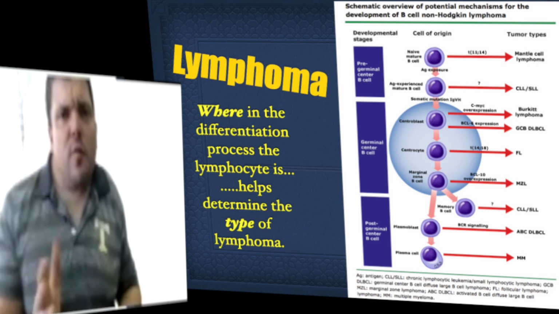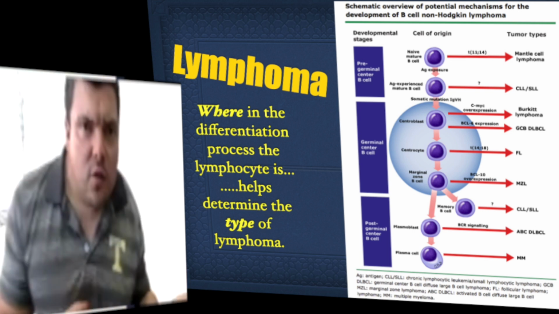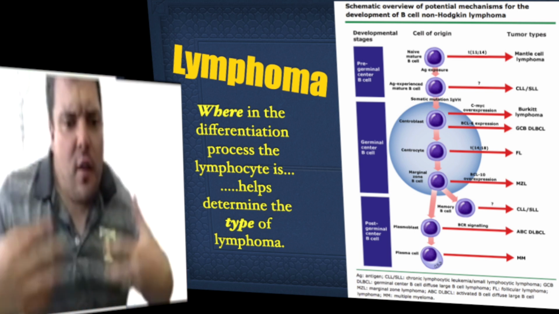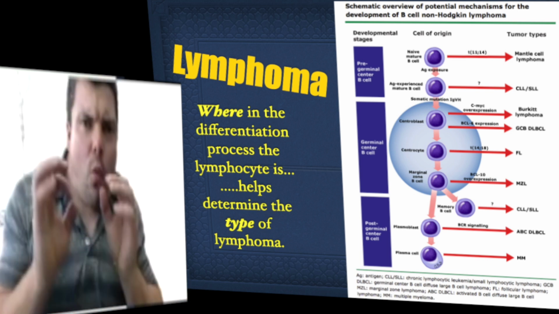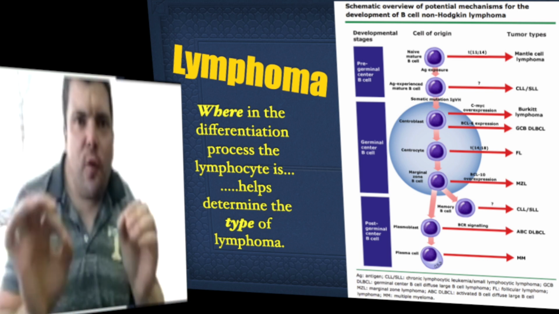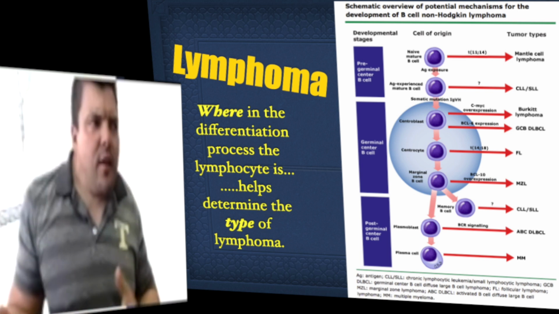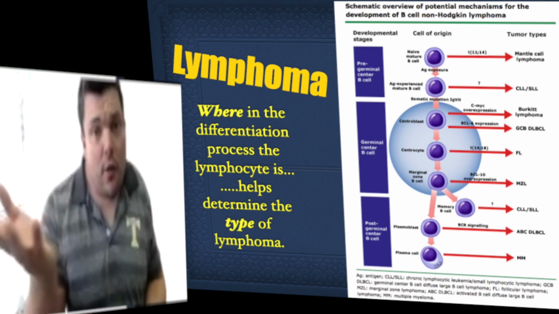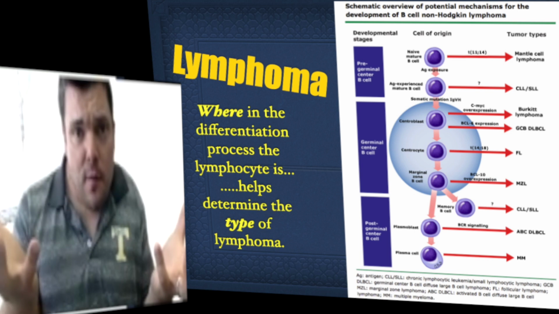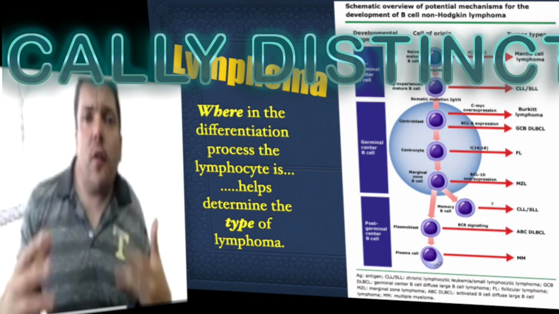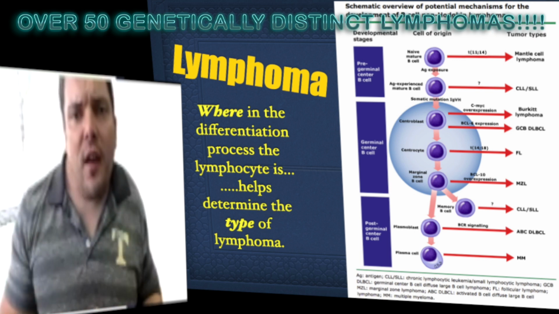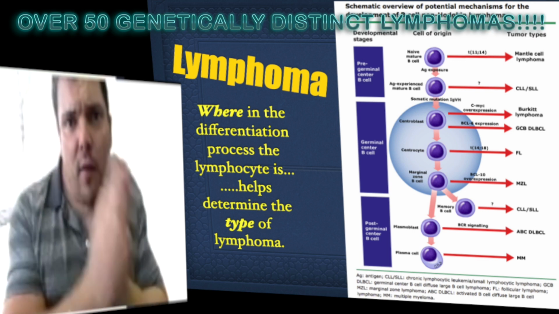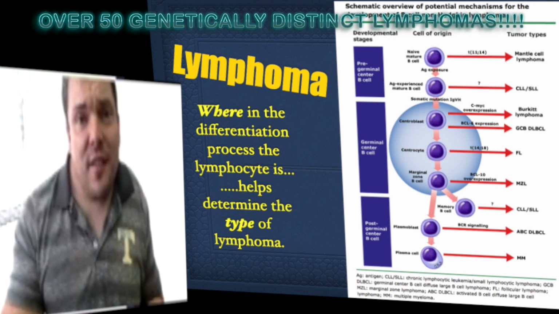And I include this picture to illustrate to people that are studying the pathology of different lymphoma or lymphocyte diseases why there are so many different types. People that are naive to lymphoma think, well, it's Hodgkin's or it's non-Hodgkin's lymphoma. That's it, man. No, there's over 50 different subtypes of lymphoma out there, and each of them are genetically distinct.